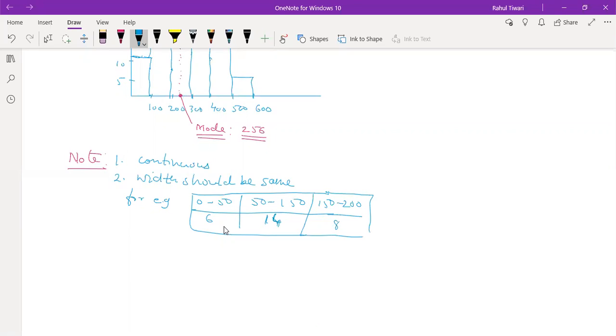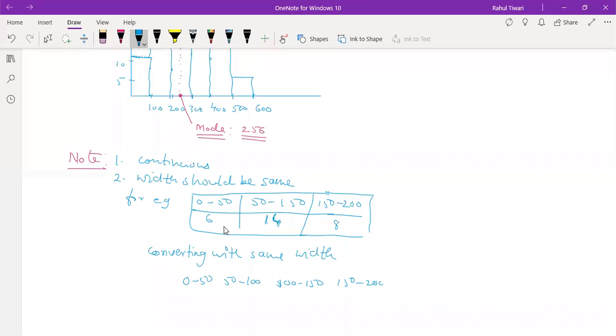So how to convert it into the same width? How to do it? 0 to 50, 50 to 100, 100 to 150, and 150 to 200.